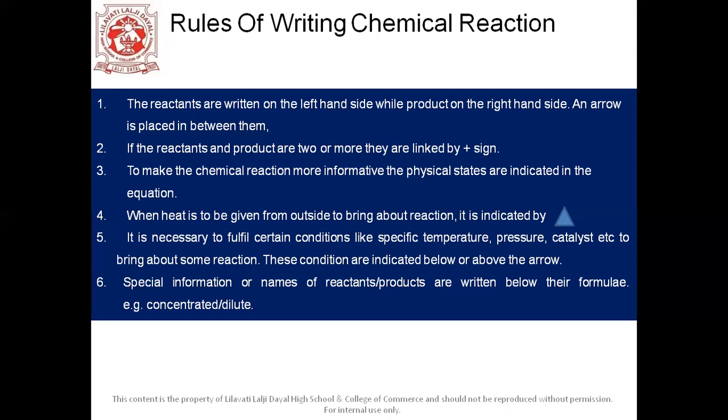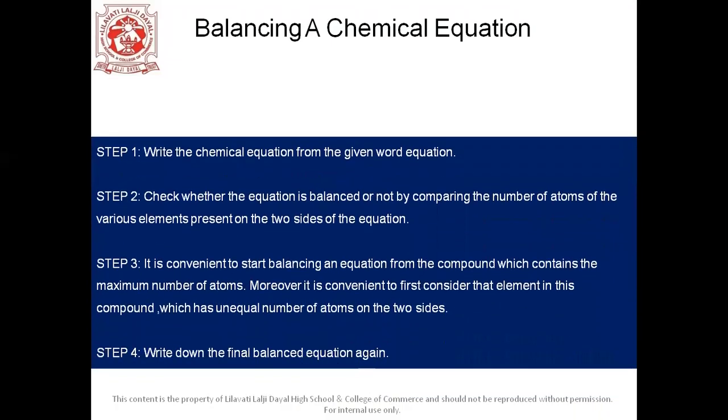These conditions are indicated below or above the arrow. Last rule, special information or names of reactants and products are written below the formulae, for example, concentrated or dilute. Let's see what the next slide is trying to tell us.